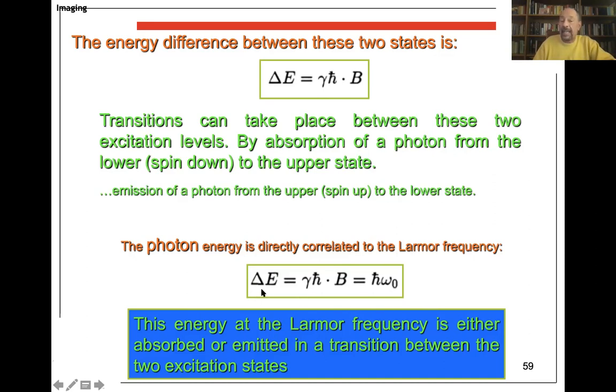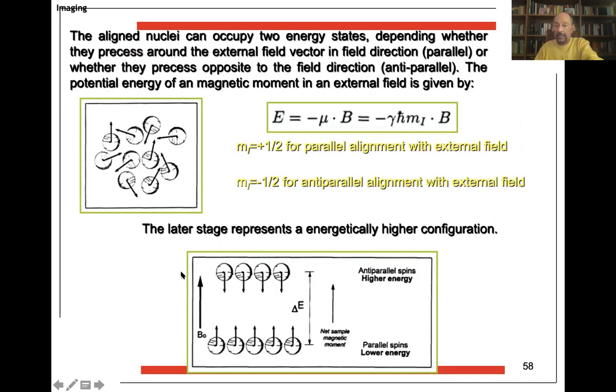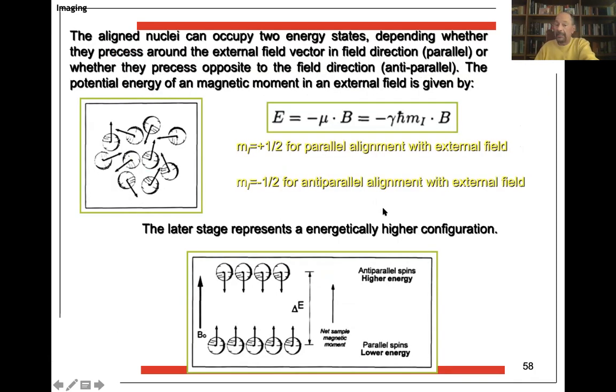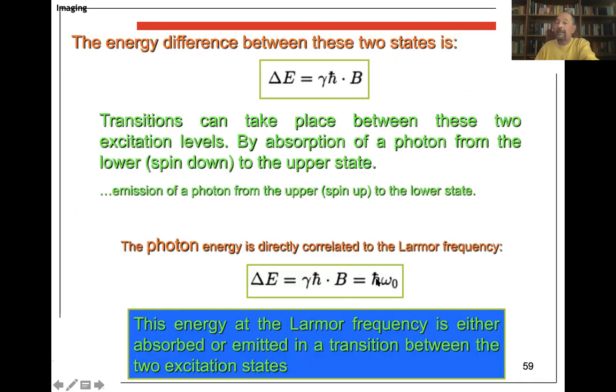So if you have a gap in energy, which is given by h-bar omega 0, this energy of the Larmor frequency is either absorbed or emitted in a transition between these two states. So if you remember, we saw that this frequency for hydrogen is 63 megahertz, the Larmor frequency, times the Planck constant divided by 2 pi gives you the delta E.